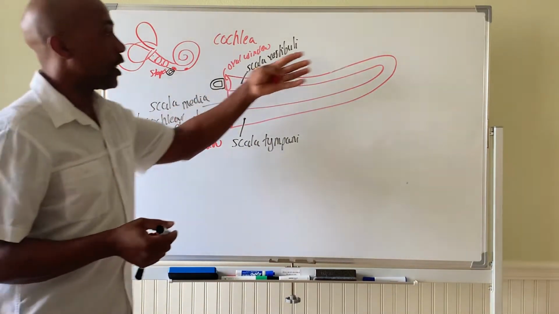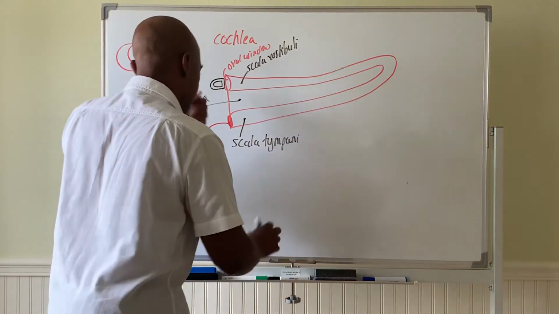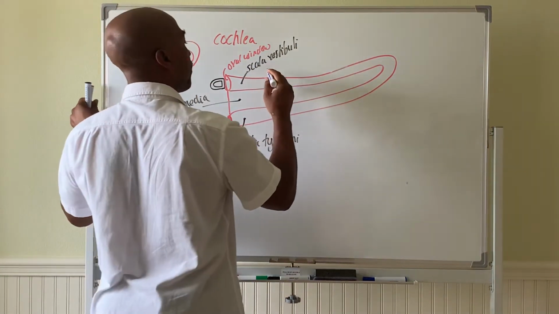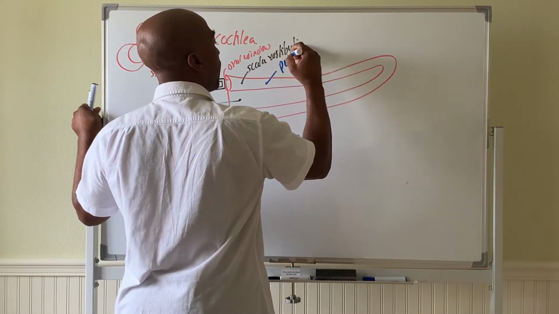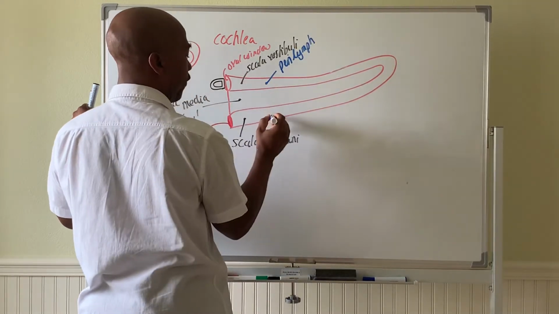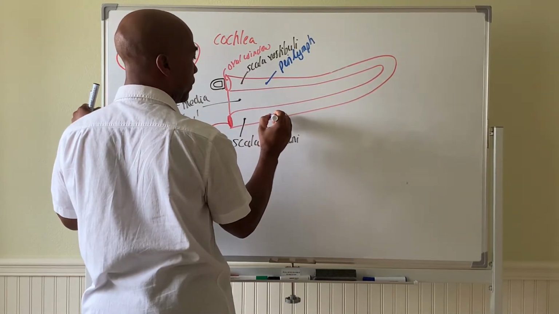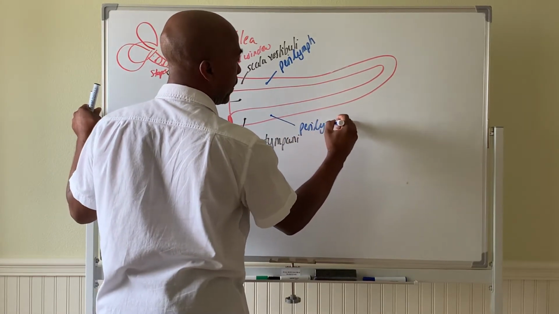Now, these 3 chambers contain a fluid. The fluid in the upper chamber is perilymph. The fluid in the lower chamber is also perilymph.